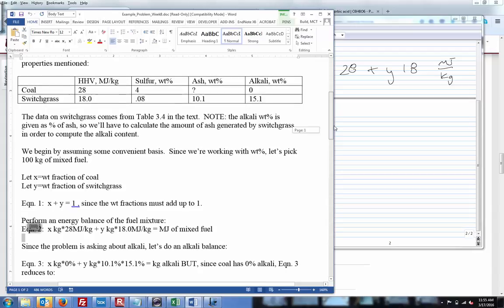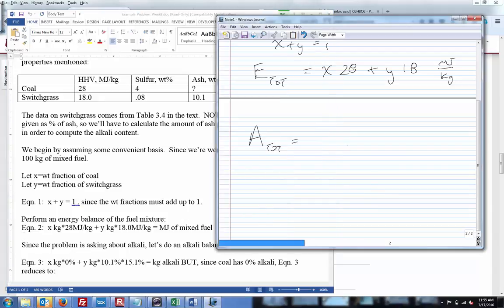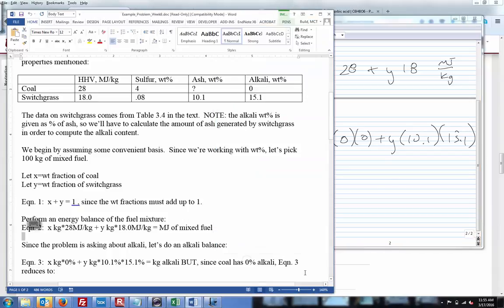the alkali is actually 15% of the ash. So that's why we're multiplying the 10% by the 15%. It's basically X times 0 times 0, because there's no ash, plus Y times 0.1 times 0.15.